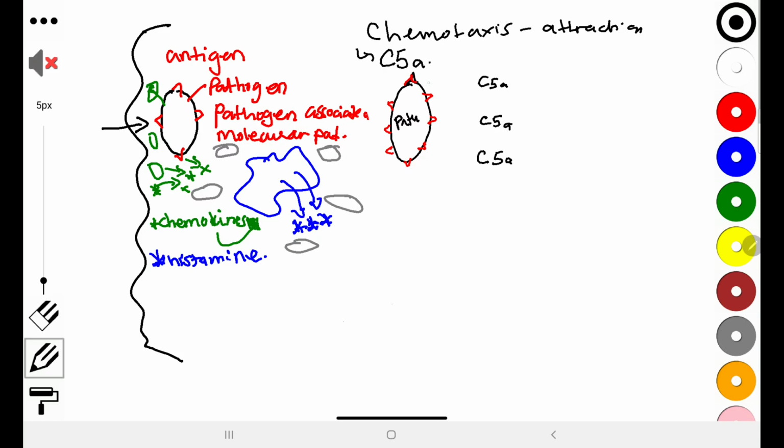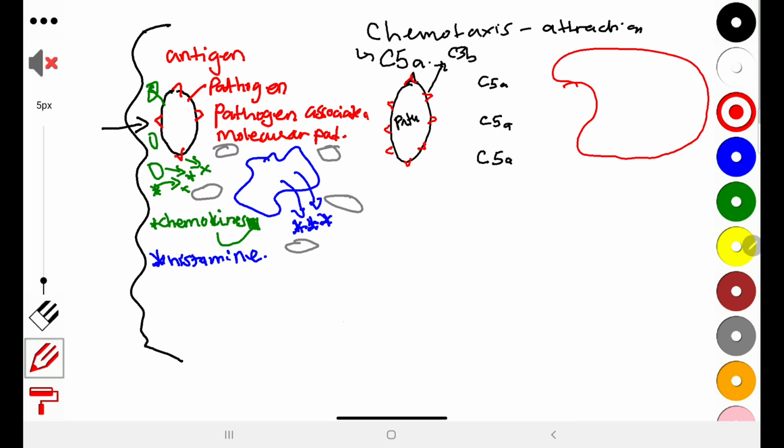And then it has C3b on its surface. These C3b proteins are able to bind C3b receptors. And guess who has C3b receptors? Exactly, the phagocyte. The phagocyte has C3b receptors.